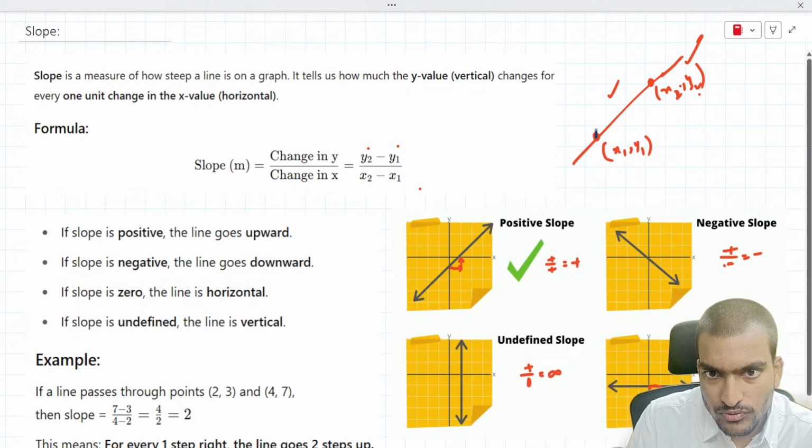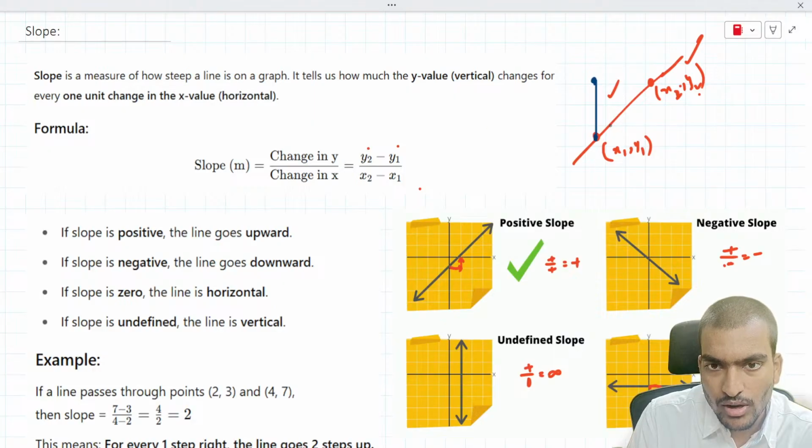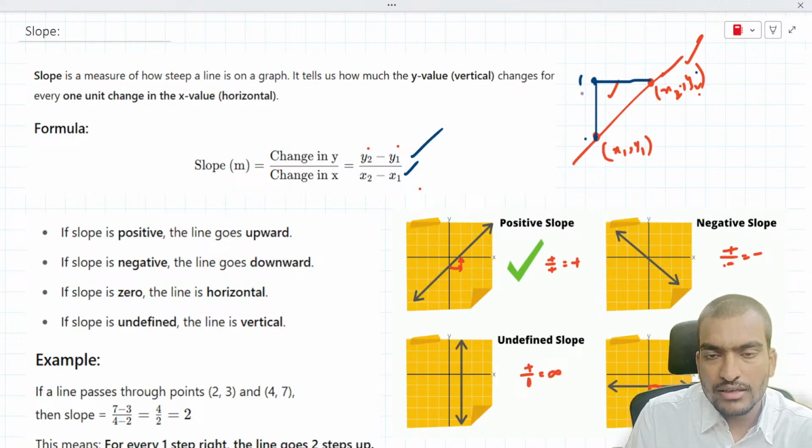You just move from here to here, that is the rise, the change in y, divided by the change in x. That gives us slope.